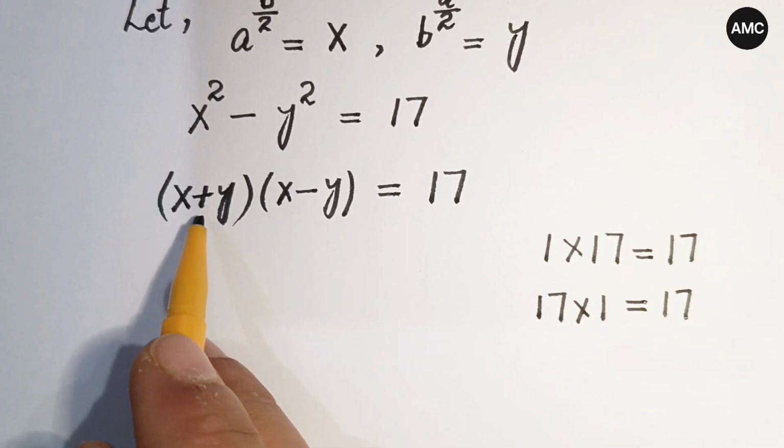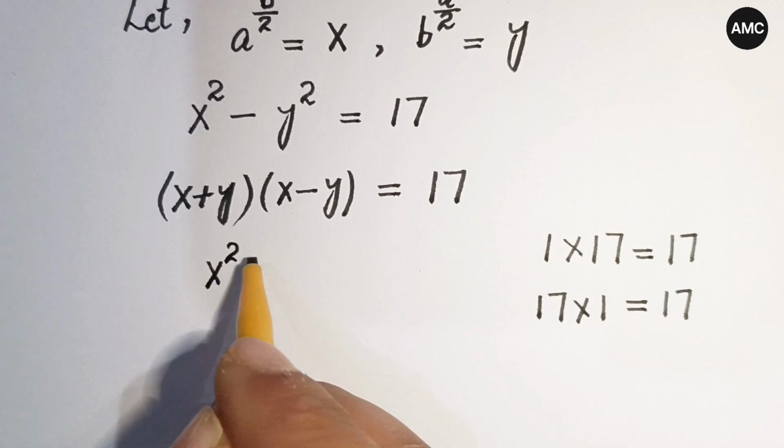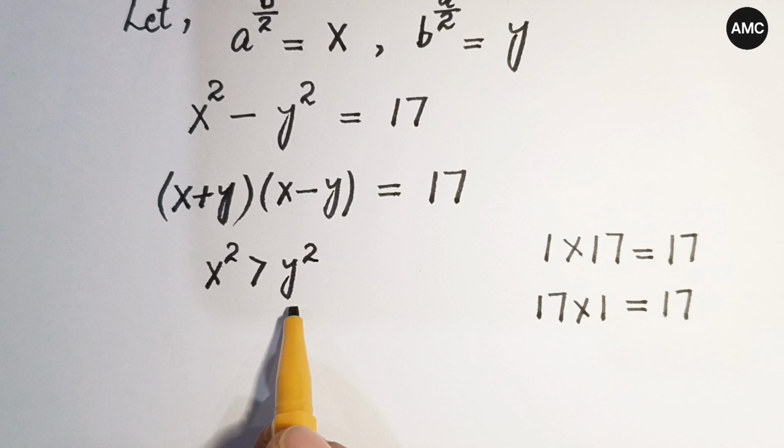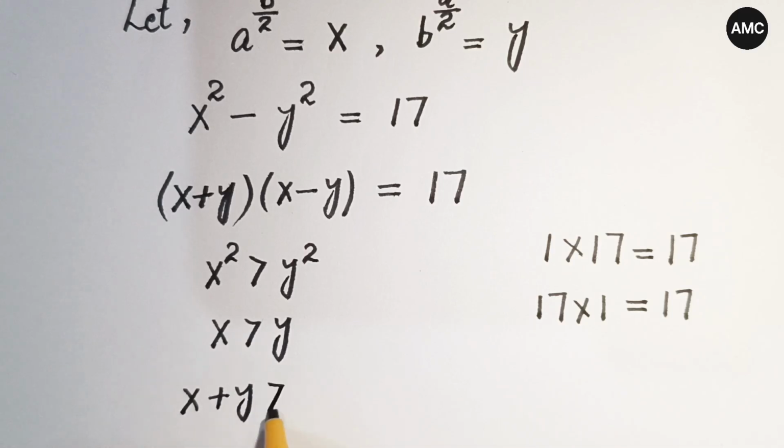Here we see that in x plus y times x minus y, x squared is greater than y squared. If x squared is greater than y squared, then x must be greater than y. It means that x plus y is also greater than x minus y.